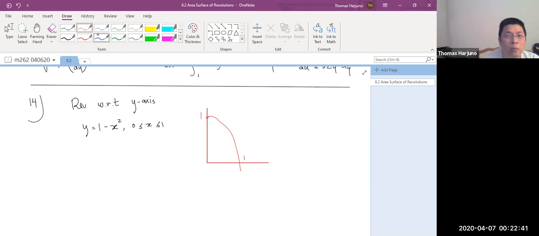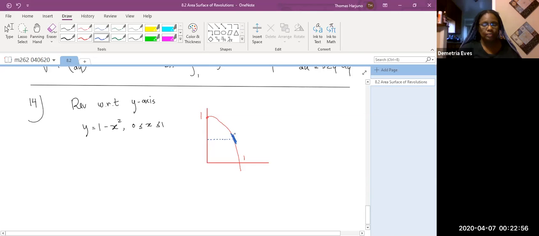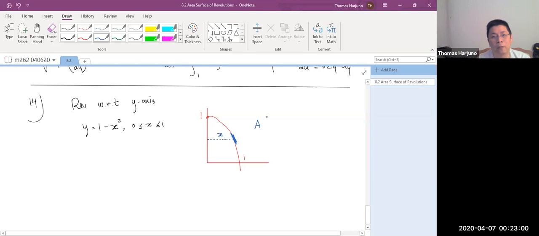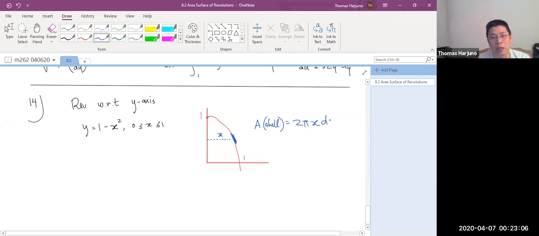But this time we rotate that with respect to the y-axis. So let's say this is the segment. I rotate that with respect to the y-axis. What is the radius? X. The radius is x. So the area of the shell will be 2 pi x ds.